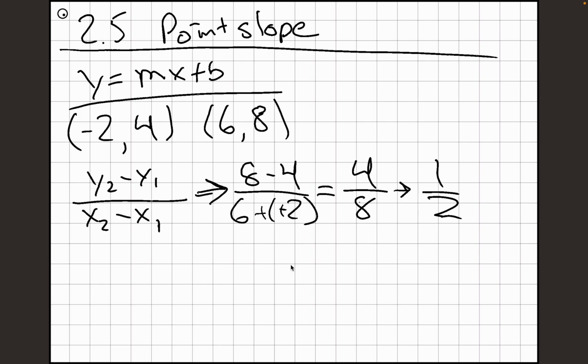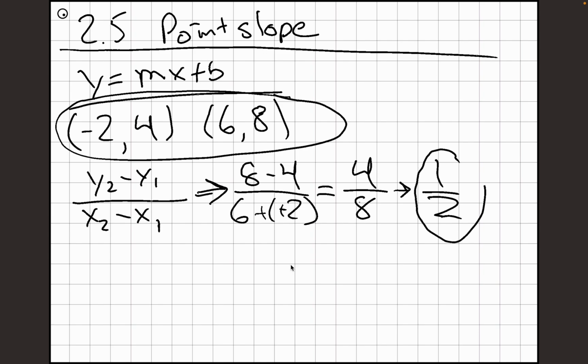Perfect. Now, one thing that we're going to continue with for this slope-intercept form is that sometimes we're going to have to plug this into our slope-intercept form with just points. We had just these points right here, and we just found our slope. Now, who can remember how we can solve for b?